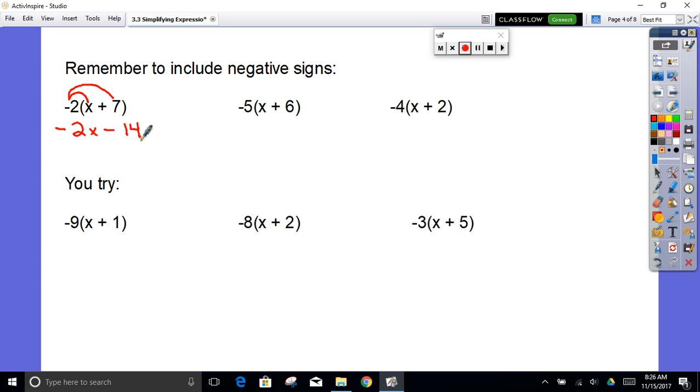Jimmy, how would I do the next one? This one? Negative 5x plus negative 30. Instead of writing plus negative 30, though, let's just write minus 30.